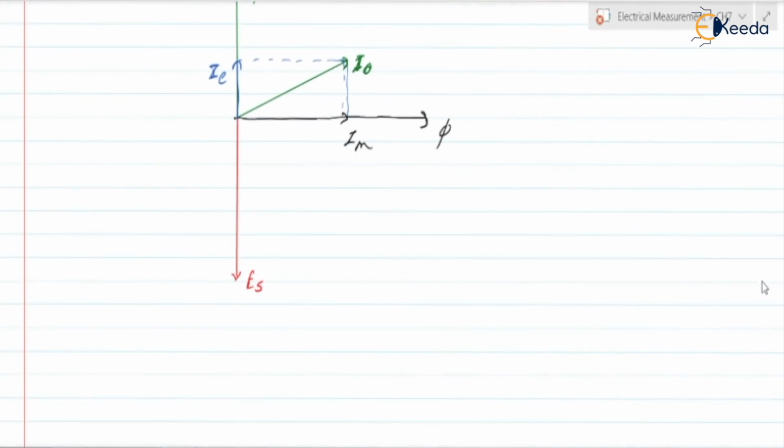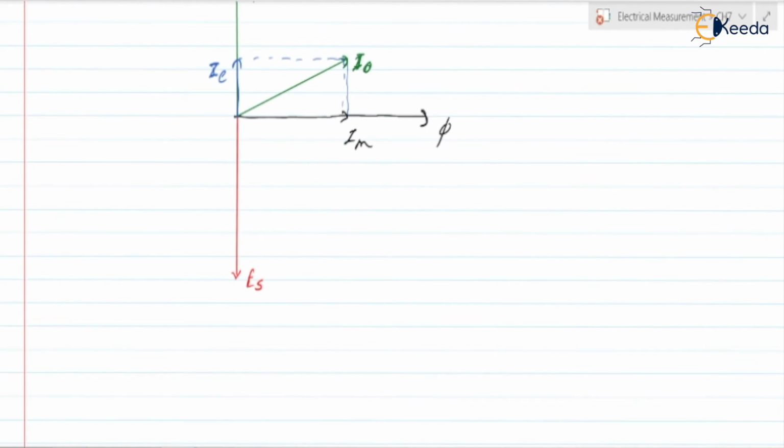So Vs will be lagging Es. I'm drawing the phasor for Vs, it will be like this. This is the phasor for Vs. Next, the phasor for Is. Is will be lagging Vs by some angle.